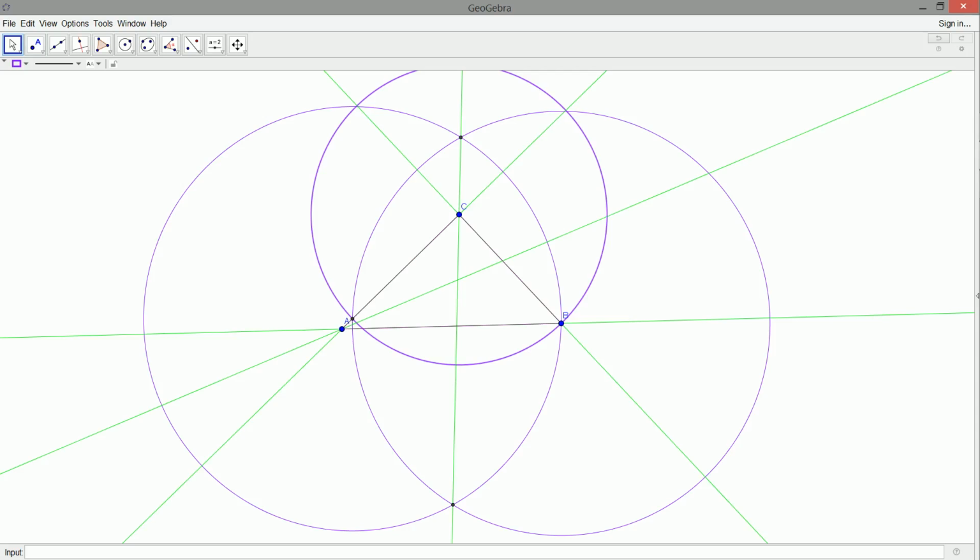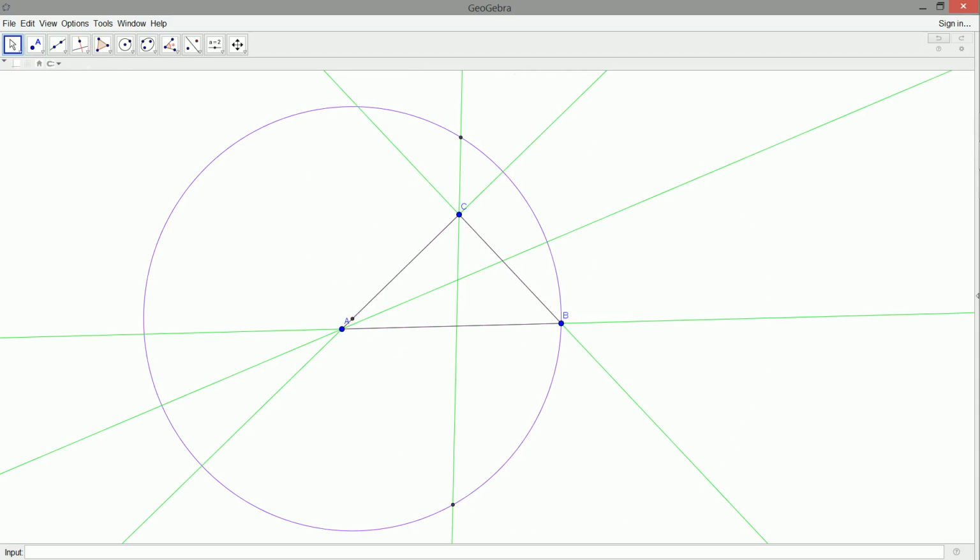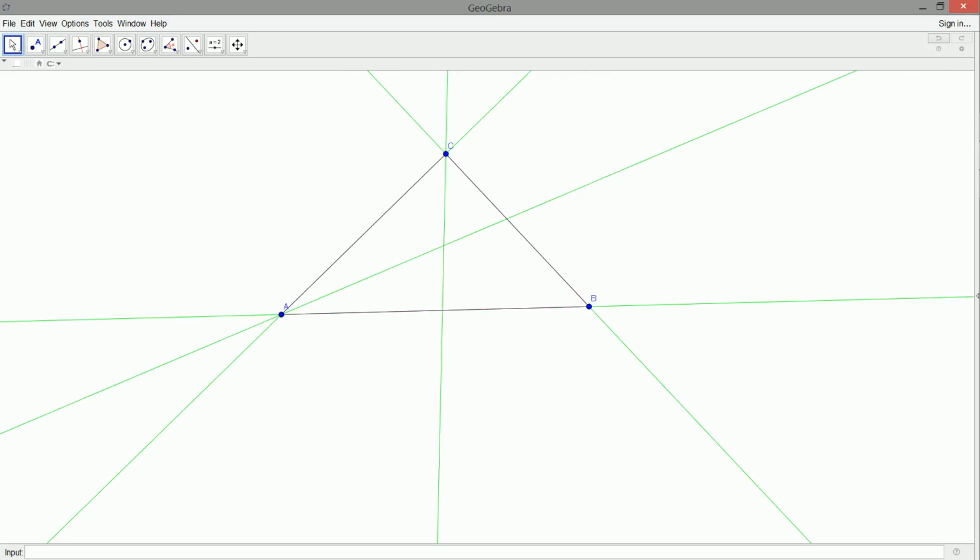Let's hide the rest of this work, leaving only our two angle bisectors. And oh, we need the third one.